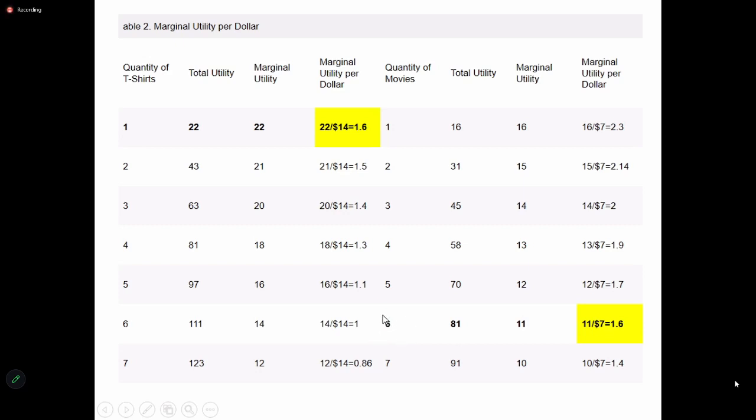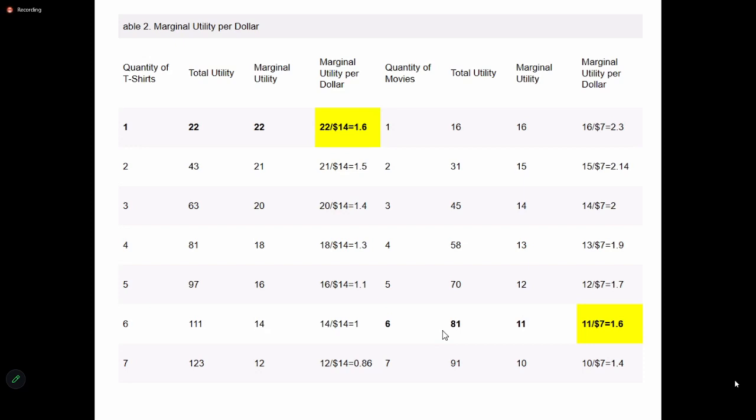What's the cost of 6 movies? Very simple mathematics: 42. Very good, 42. Then one t-shirt is $14. Here one t-shirt and 6 movies. What is the total amount?